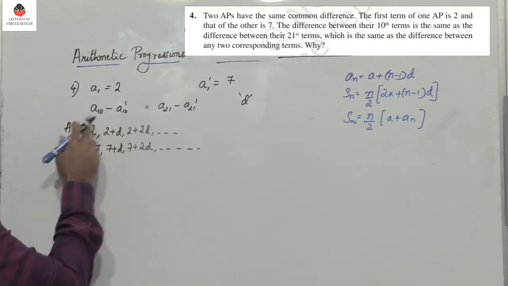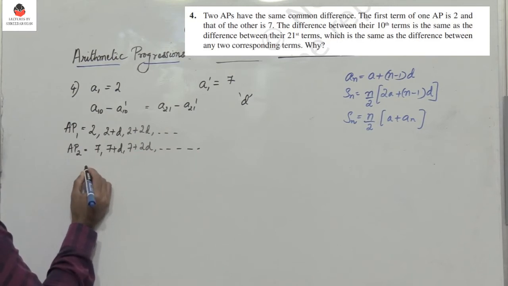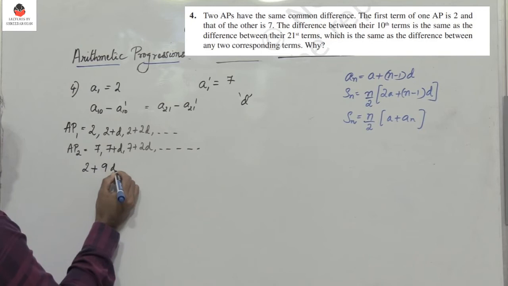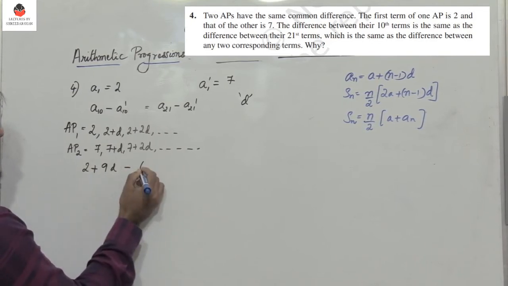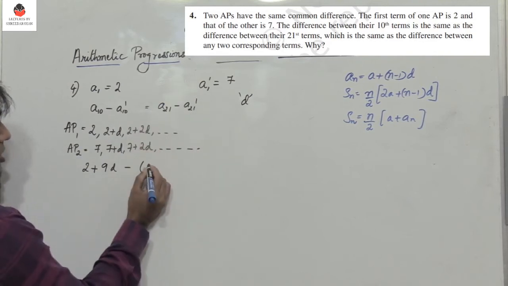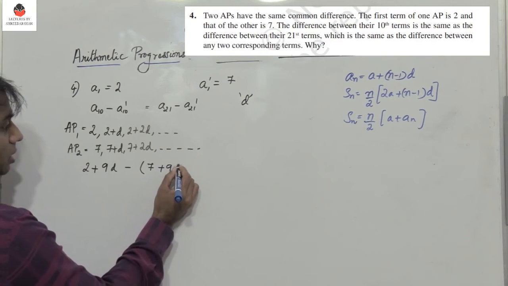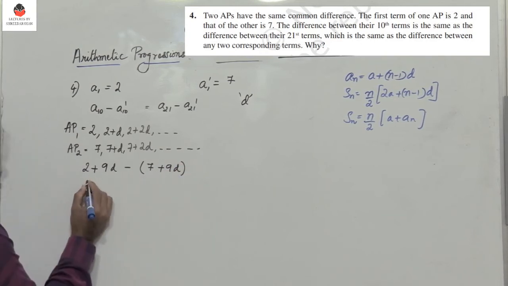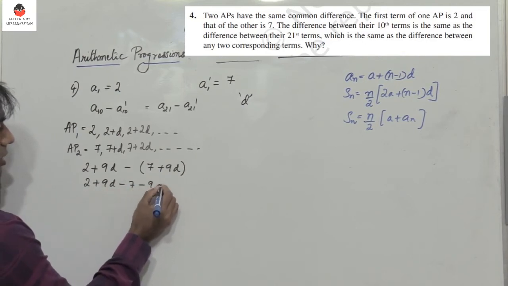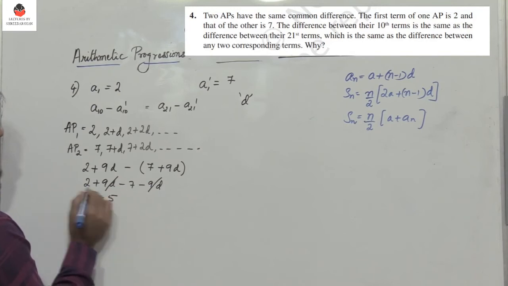So now let's consider the 10th term. So what is A10? A10 is A plus n minus 1, which is 9D, minus A10 dash, is A, so here A1 dash is 7, plus again 9D. So we find that 2 plus 9D minus 7 minus 9D. So 9D can be cancelled, so I get minus 5.